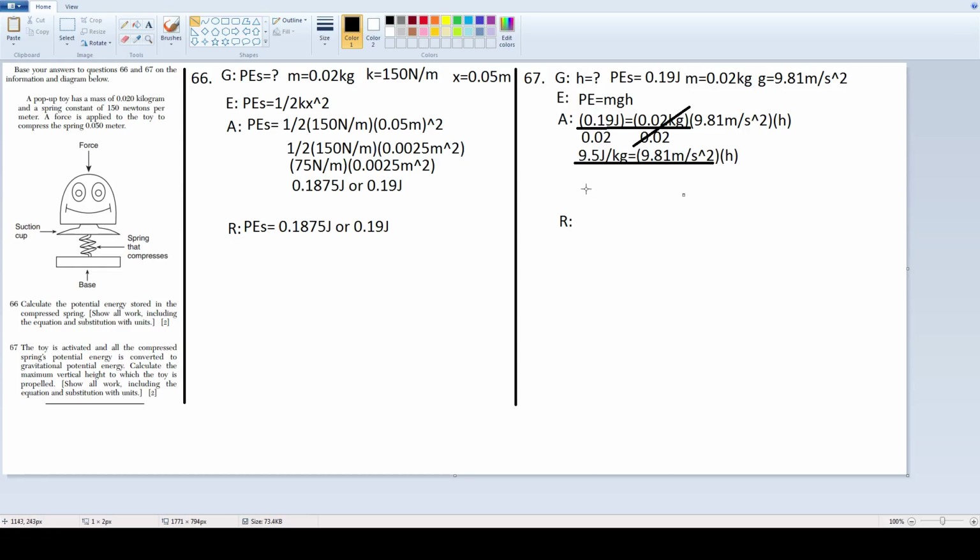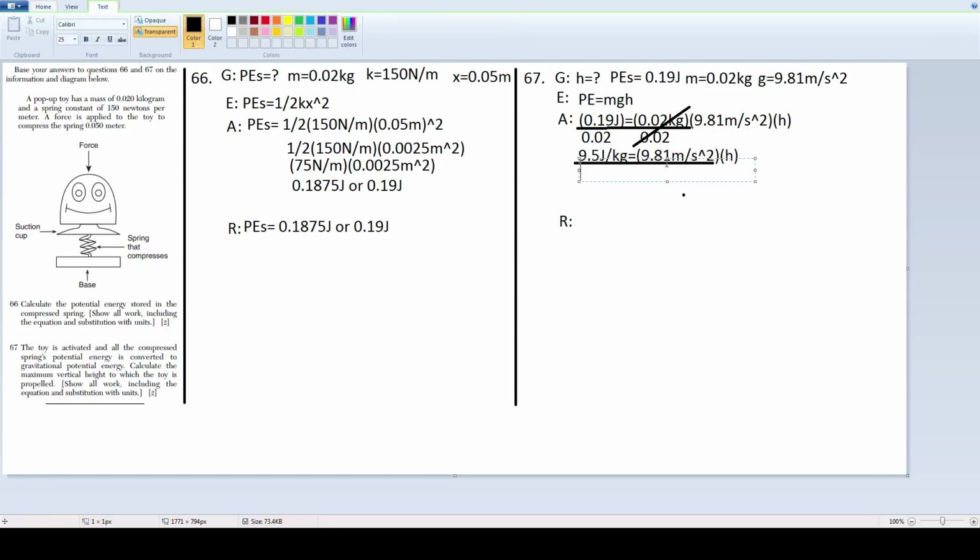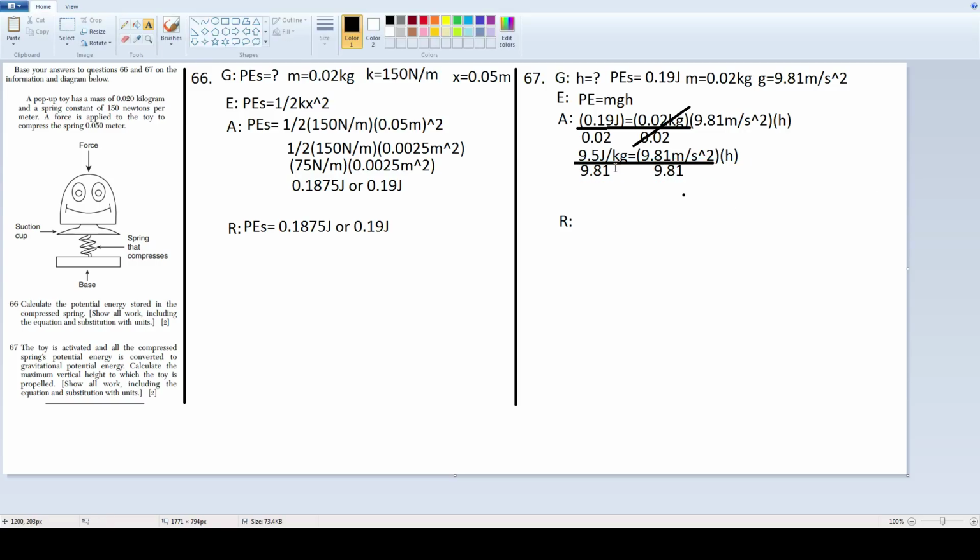Let me write that before I forget. 9.81, that's really far off, but the information is what matters.